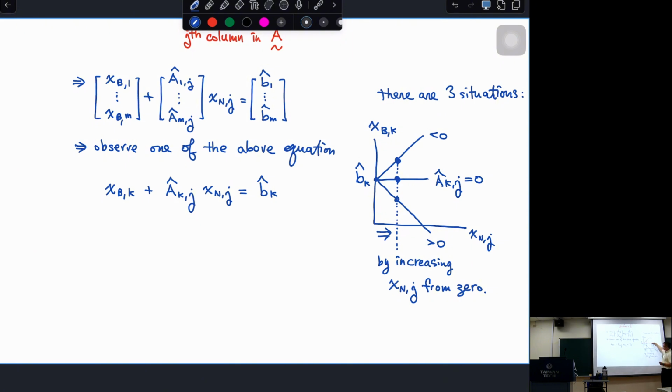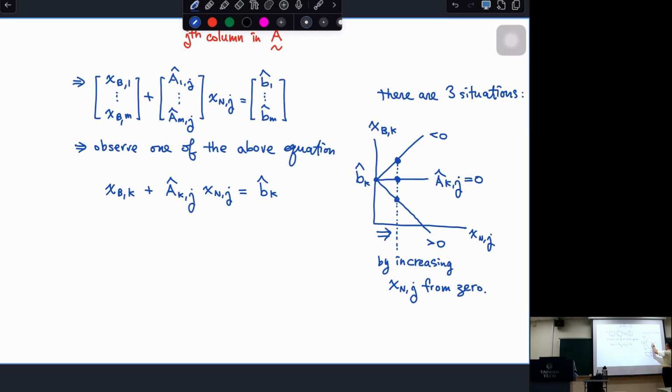If it's 0, when I increase this, the value of x_bk remains the same, because if this is 0, if I keep on increasing, it doesn't change anything to the equation. x_bk still is b hat k.